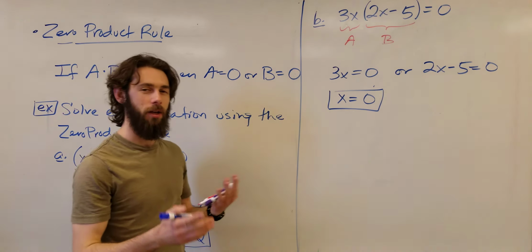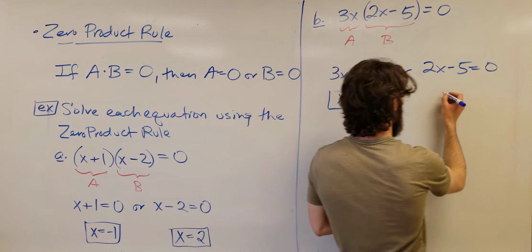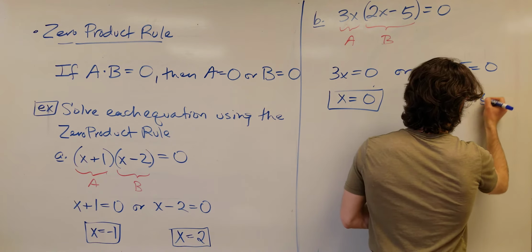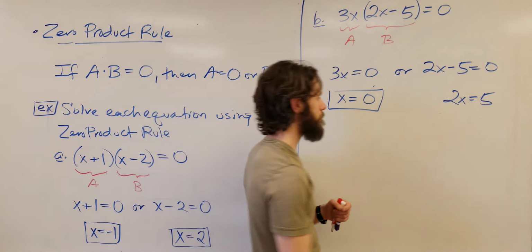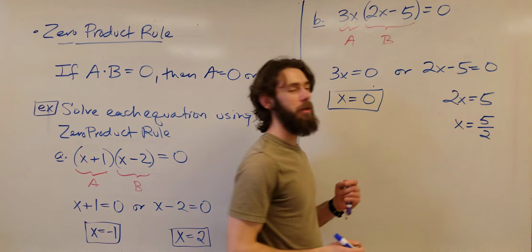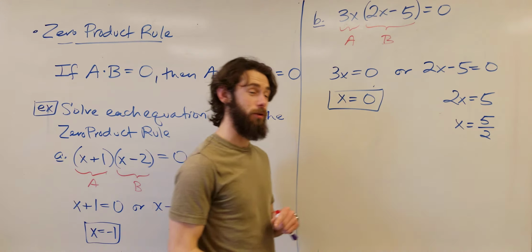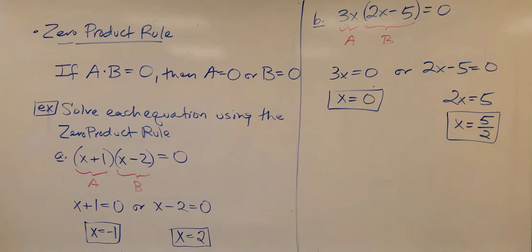With that one, it's going to be a little trickier, so we got to add the 5 over to the other side to get 2x equals 5, and then we have to divide by 2 to get x equals 5 halves as our second solution. All right.